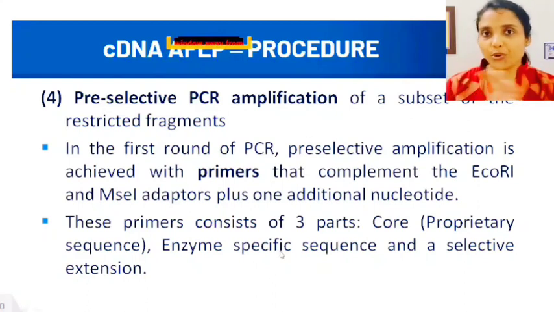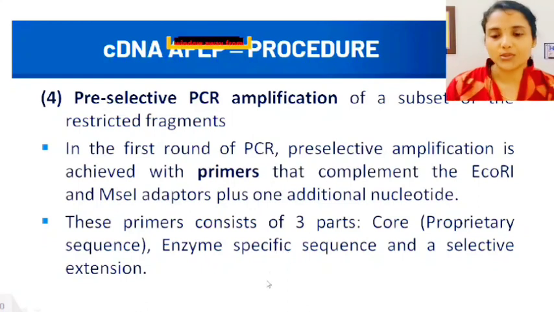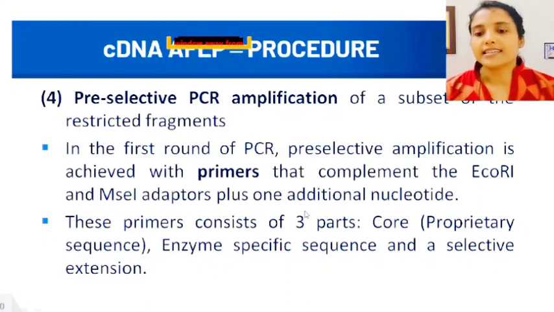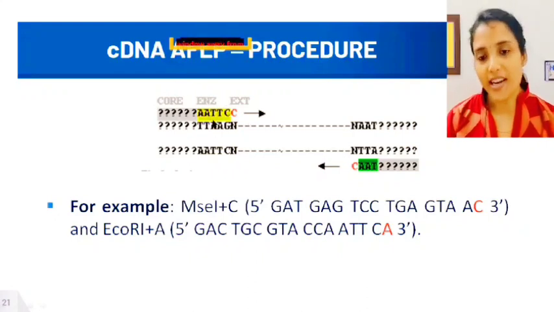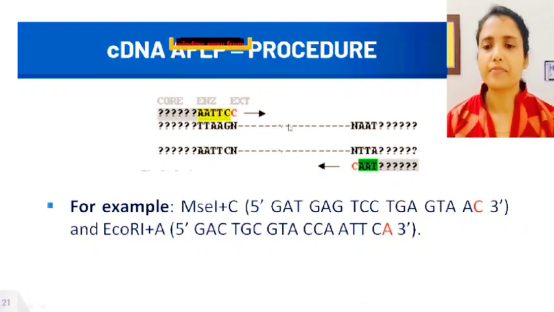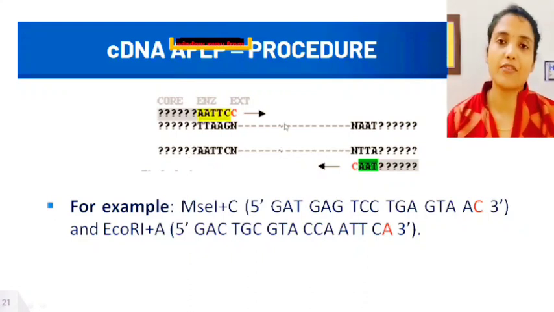So I'll be showing you what a primer looks like. These primers consist of three parts. It has the core or the proprietary sequence, it has enzyme specific sequence and a selective extension. I'll show you. So this is an example which shows the structure of primer. I hope it is clear, guys. So what is the structure of primer? You can see this is your cDNA strand, right? So in the first step of PCR, what will happen?